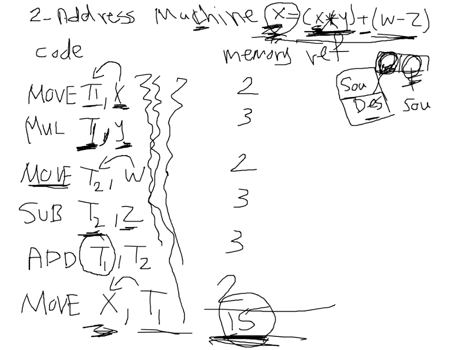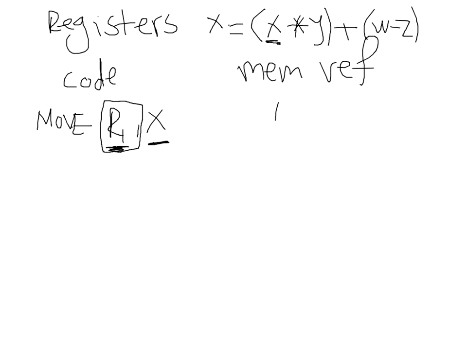In comparison to the previous one, we had two memory accesses because T1 was stored inside the memory, right? Now we have a register which acts as a short memory inside the CPU. So this is the first one. Then we need to multiply R1 with y.